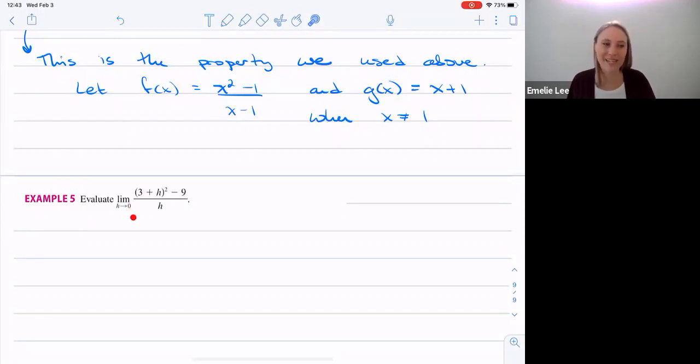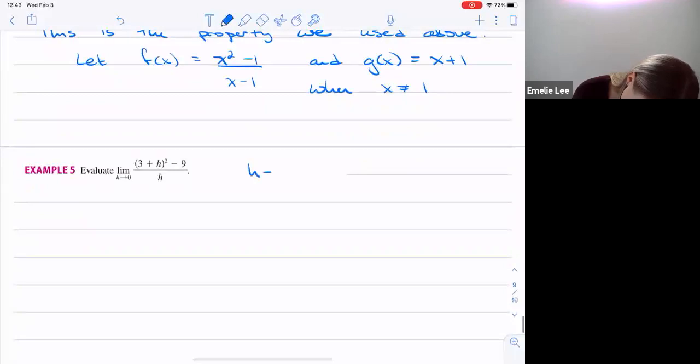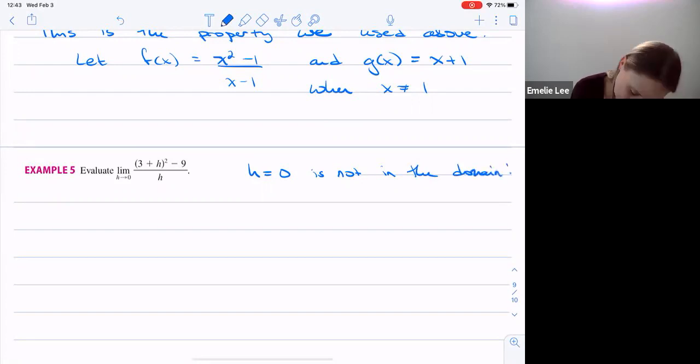The hard part is that h is going to 0, which is not good. h equals 0 is not in the domain. So we need some way around that.